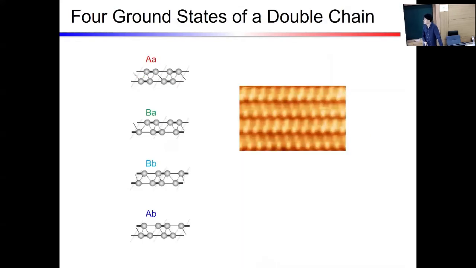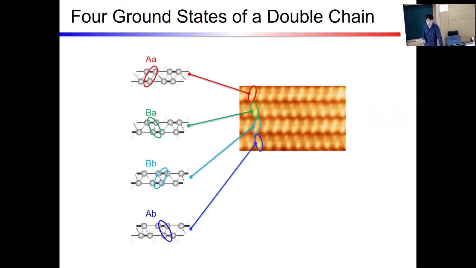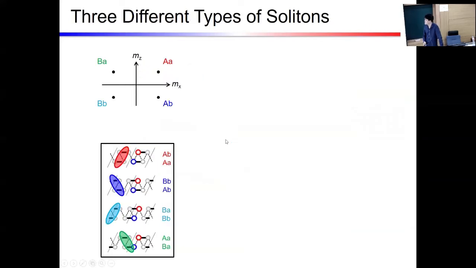Indeed, we can find 4 different ground states experimentally. As you can see here, different CW configurations appear in the same sample, and actually this is a different wire. Then as you can see, they move to different locations due to the different structures.